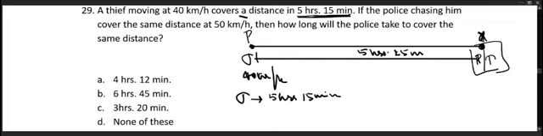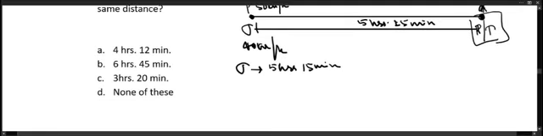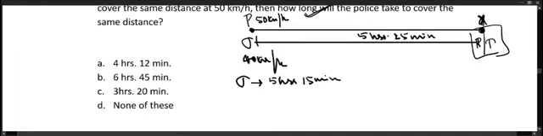The thief traveled this distance in 5 hours and 15 minutes. So this was the story behind the question. And the speed of police is 50 km per hour. We are given the speed of police, that is 50 km per hour. Again we have to find the time. How long will the police take to cover the same distance?